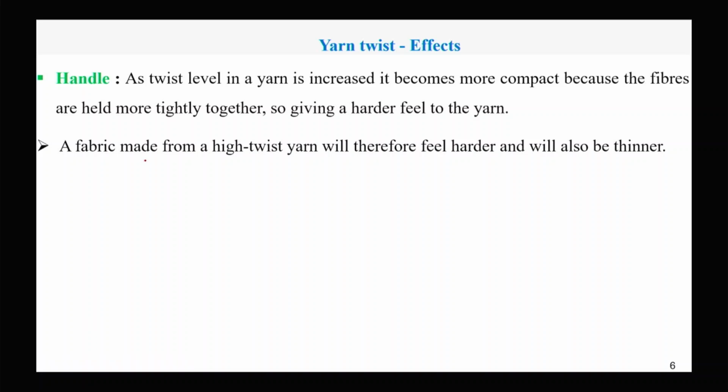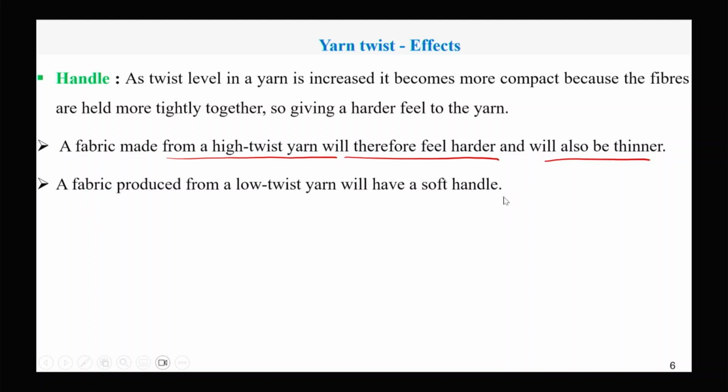Fabrics made of high twisted yarn will therefore feel harder and will be thinner because the yarn diameter reduces with the increase in twist.